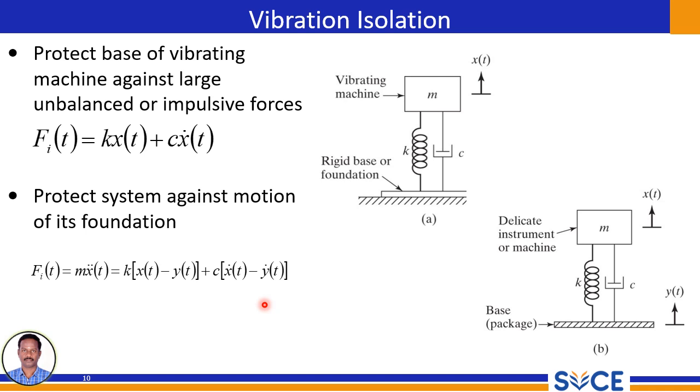So, this slide shows two fundamental problems addressed by vibration isolation and provides the mathematical framework for analyzing them. Understanding these two scenarios and the equations is crucial for designing effective vibration isolation systems.